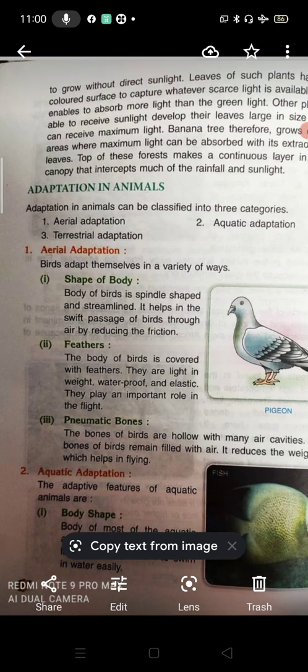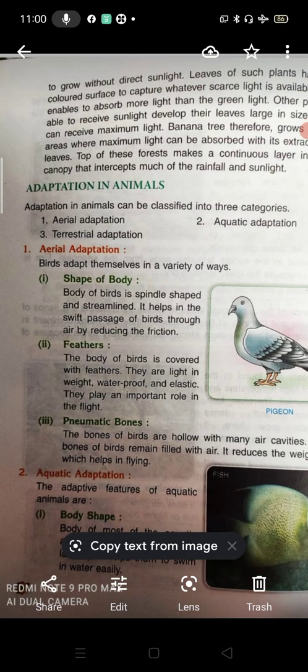Aerial, as is clear from the name, is related to something in air. Birds adapt themselves in a variety of ways. Shape of body. Body of birds is spindle shaped and streamlined. It helps in the swift passage of birds through air by reducing the friction.